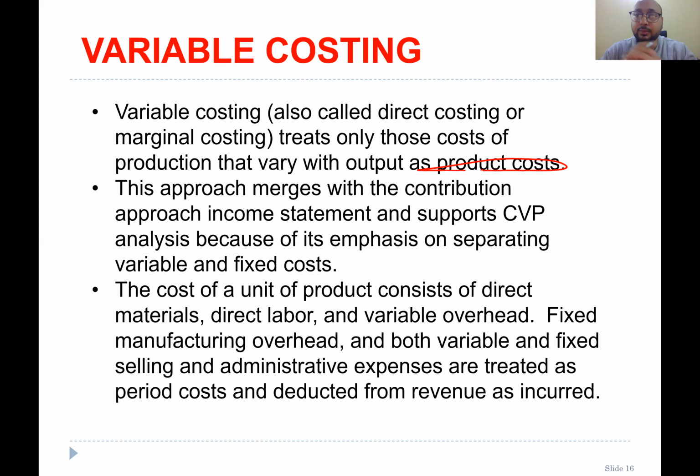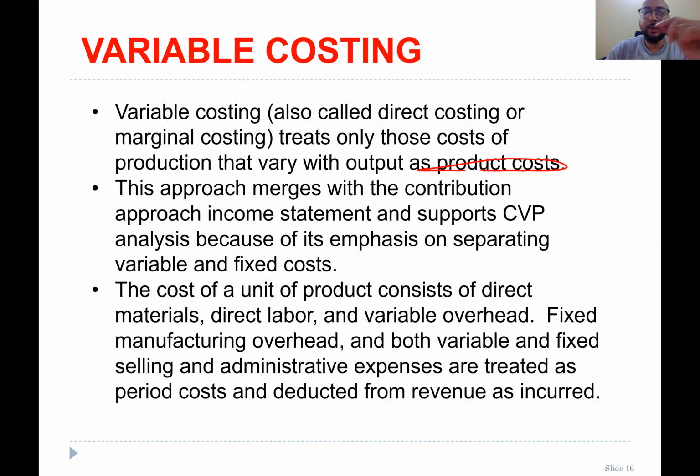Manufacturing overhead. So that part of manufacturing overhead which varies with the level of output. So the fixed part is not going to be included. So it means there's a difference between absorption costing and variable costing. Absorption costing treats all the manufacturing overhead as product cost, but variable costing treats only the variable part of the manufacturing overhead as a product cost.